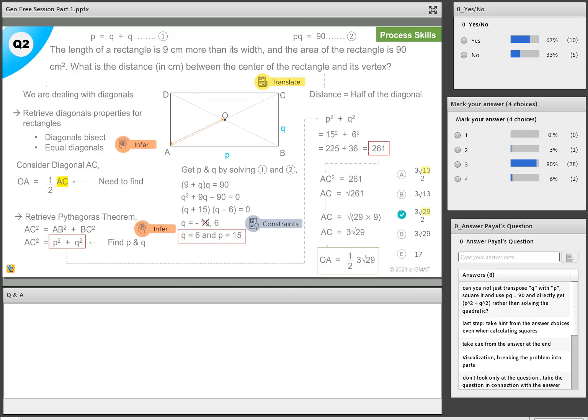Okay, breaking the problem into parts, need to be very attentive and need to control the excitement, take hints. Okay, don't hurry, see through what is being asked. Good, very good. Don't look only at the question.